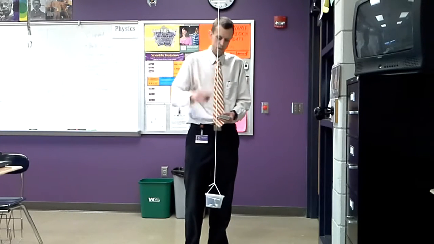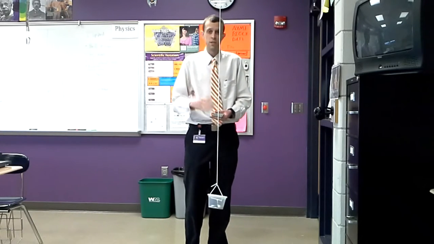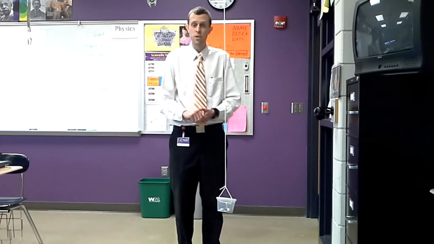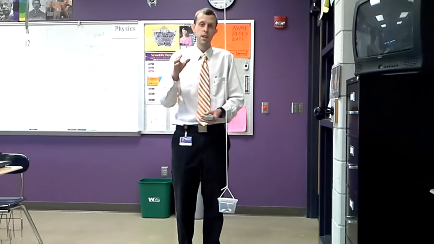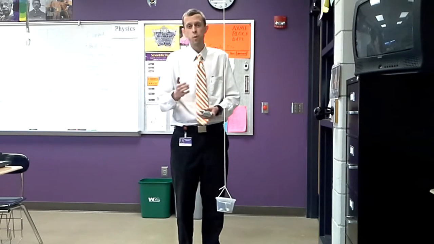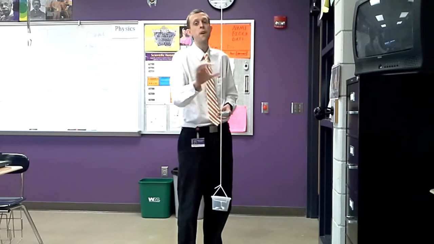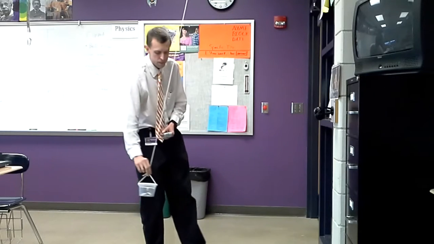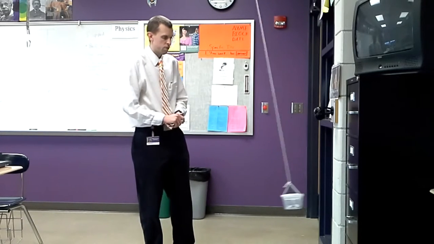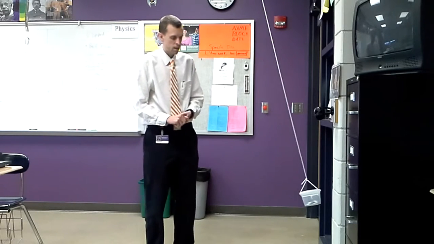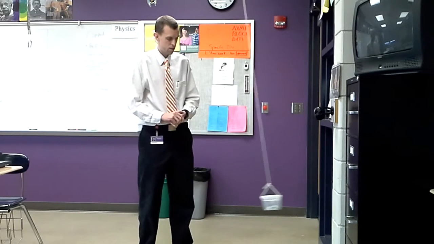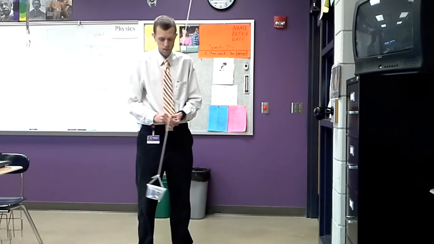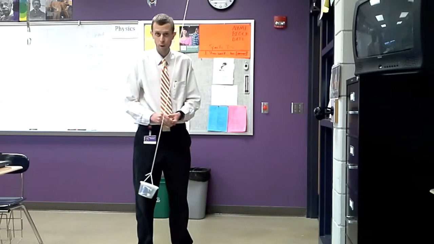So let's get a baseline and figure out what the period is. Just watch the timer at the bottom of the screen, the playhead, and figure out about how much time it takes to complete one cycle. Let's do it by counting 5 cycles and then dividing that time by 5. I'll pull this back just a little bit and start timing now. 1, 2, 3, 4.